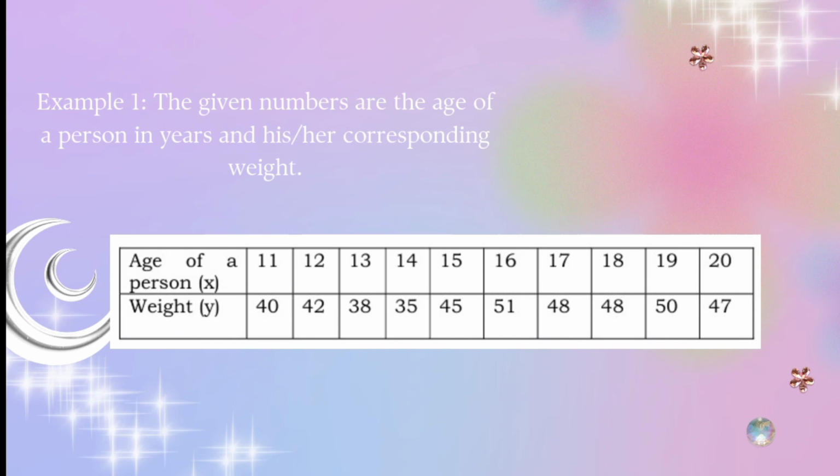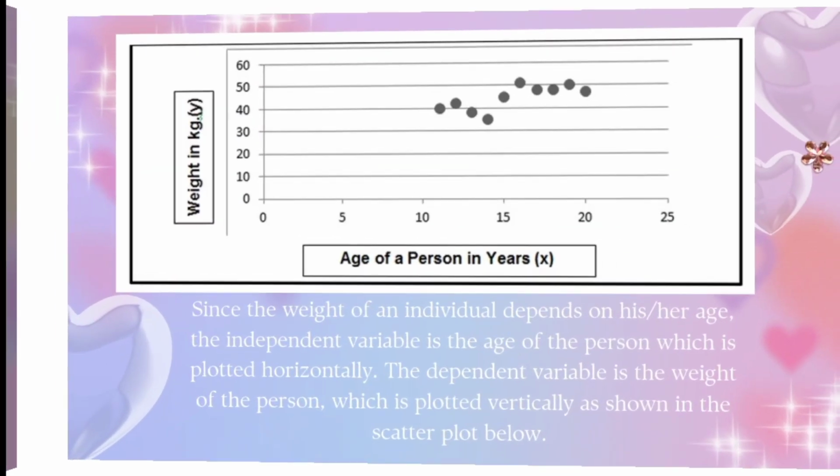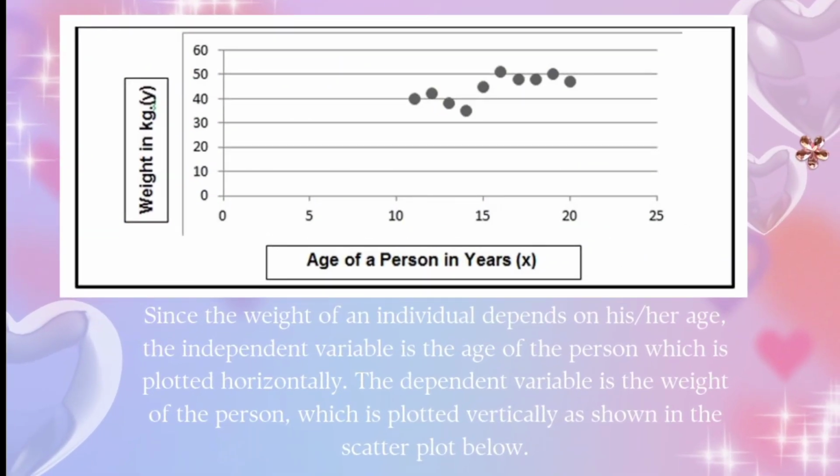We have age of a person, which is the x, and weight, which is the y. Since the weight of an individual depends on his or her age, the independent variable is the age of the person, which is plotted horizontally. The dependent variable is the weight of the person, which is plotted vertically, as shown in the scatter plot.